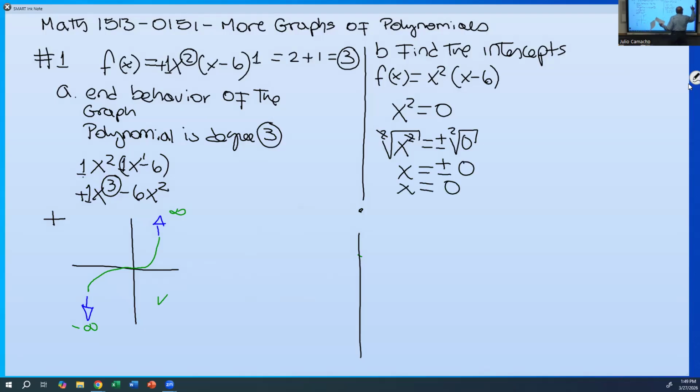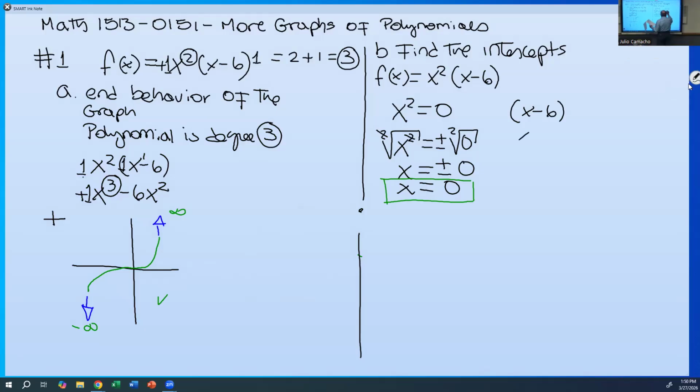And this is my first zero of the polynomial. X is equal to 0, my first value for x in this polynomial. So now let's also set the second factor to 0. The second factor is x minus 6.